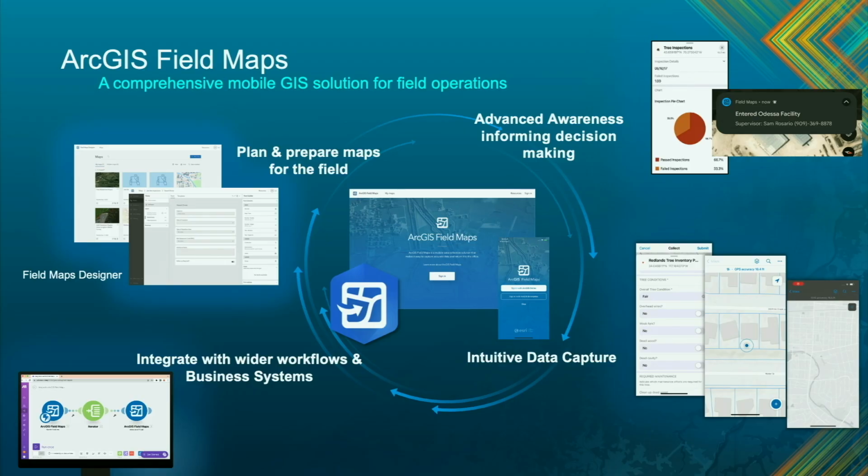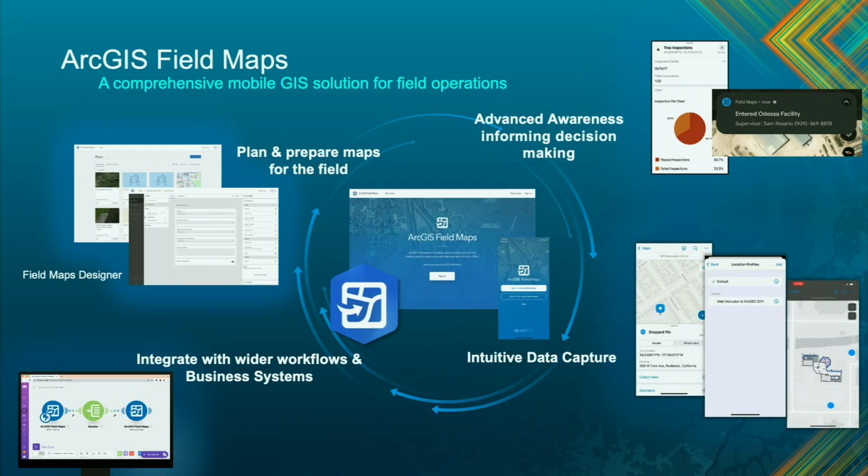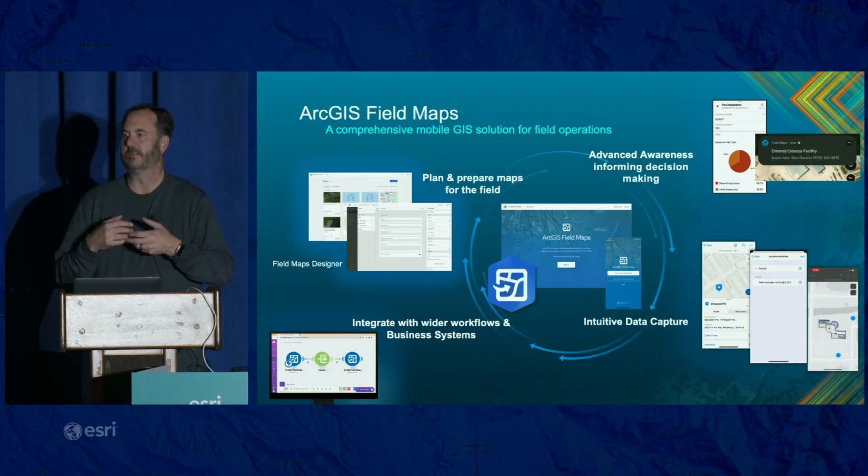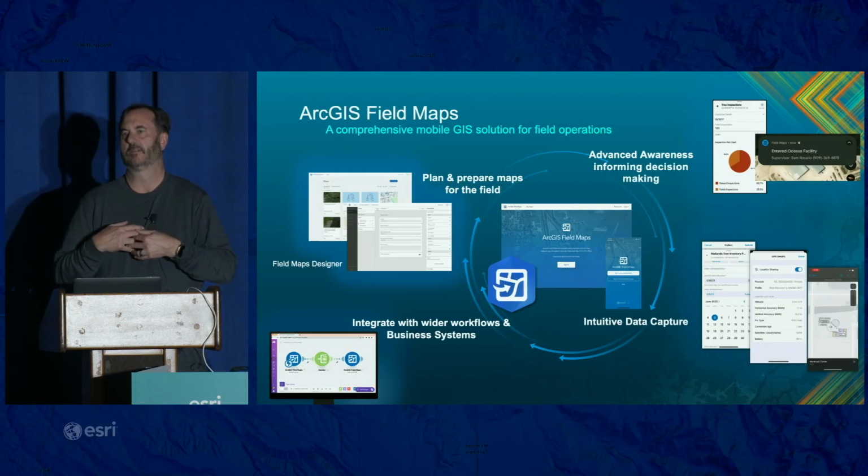There's a Field Maps Designer web application that lets you configure the experience. It lets you build things like geofences and smart forms and the offline capabilities that are leveraged for your map.